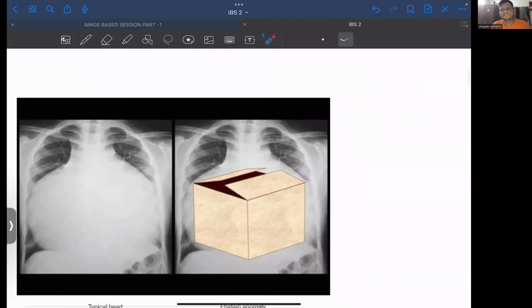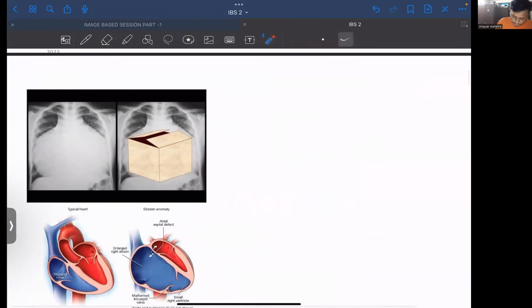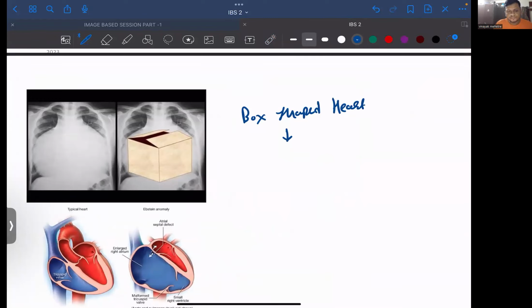What is this? This is called box shaped heart. Seen in? Yes, you know it. It is easy, I know this.